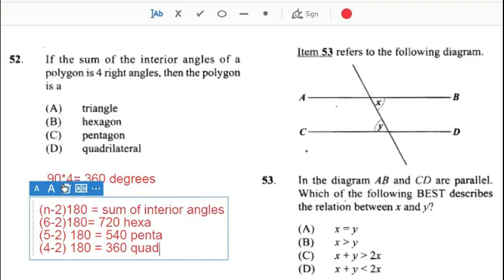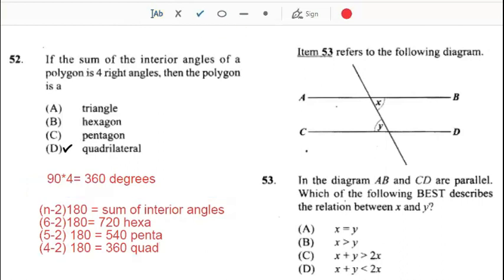So from this you'll easily identify the sum of the interior angles, and the sum that we're looking for is 360 degrees, which was 90 multiplied by 4. And from this we can safely say that our answer is D, which is quadrilateral.